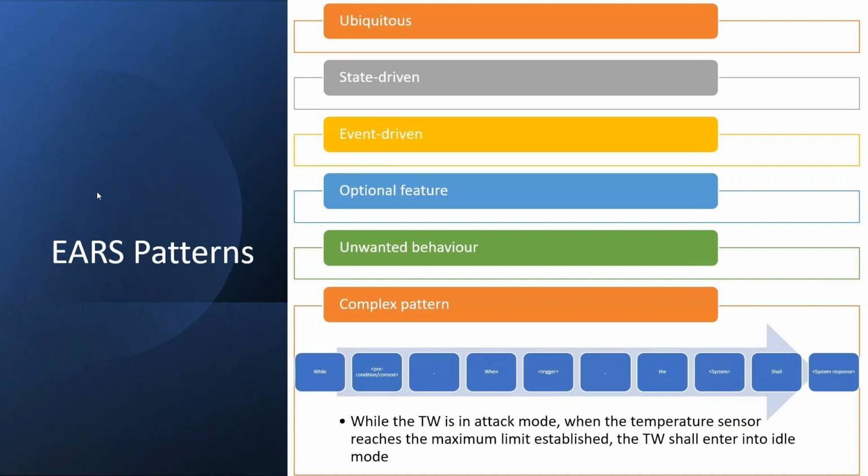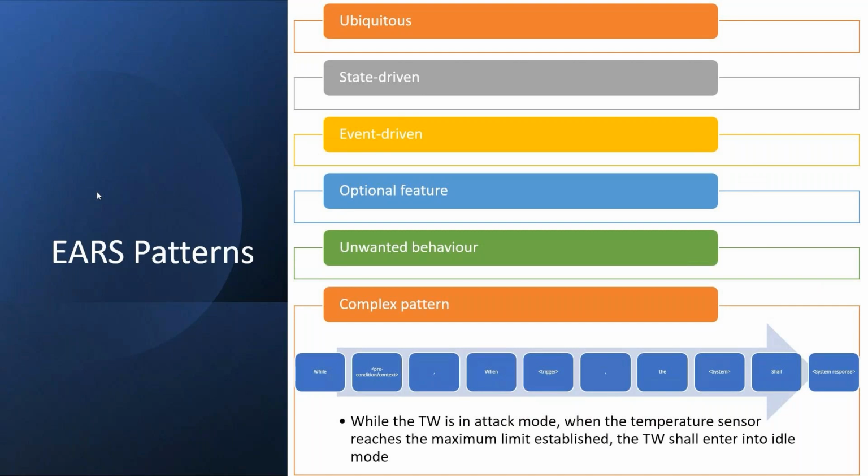So as I said, this is to me the most typical pattern where we mix together both precondition state with the while and trigger with the when or with the if, right? So as you can see, each one of those patterns comes with a particular keyword, except for the ubiquitous.